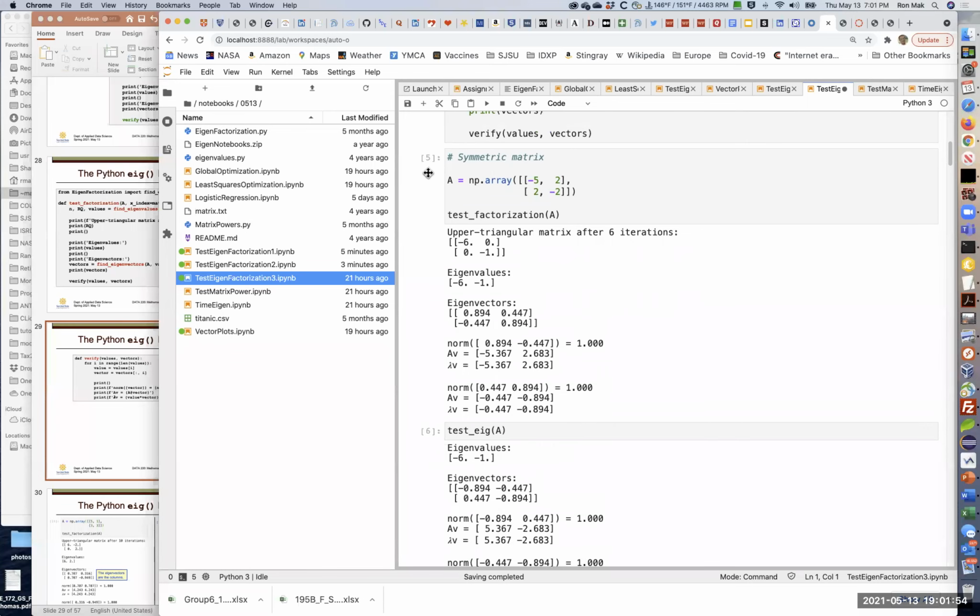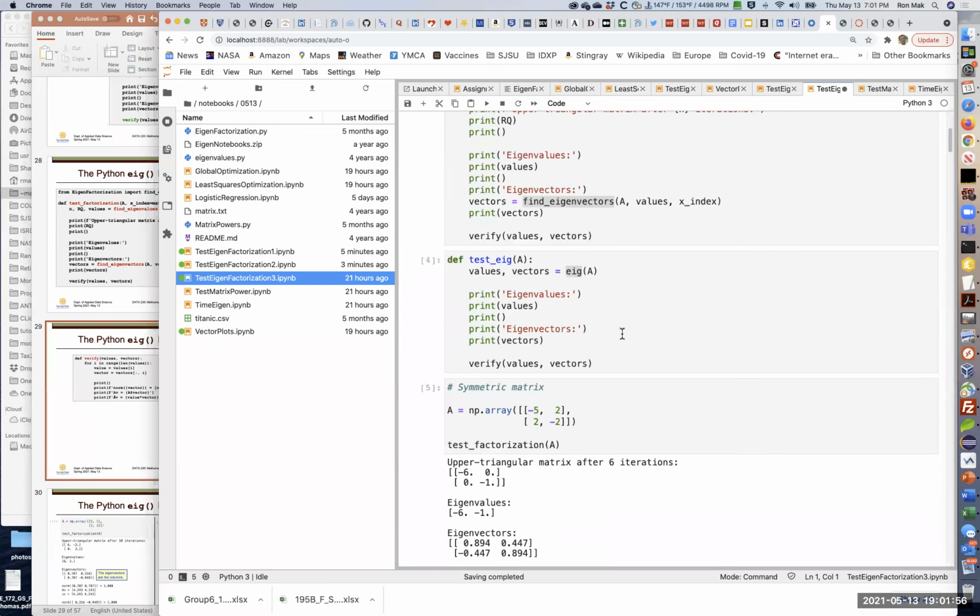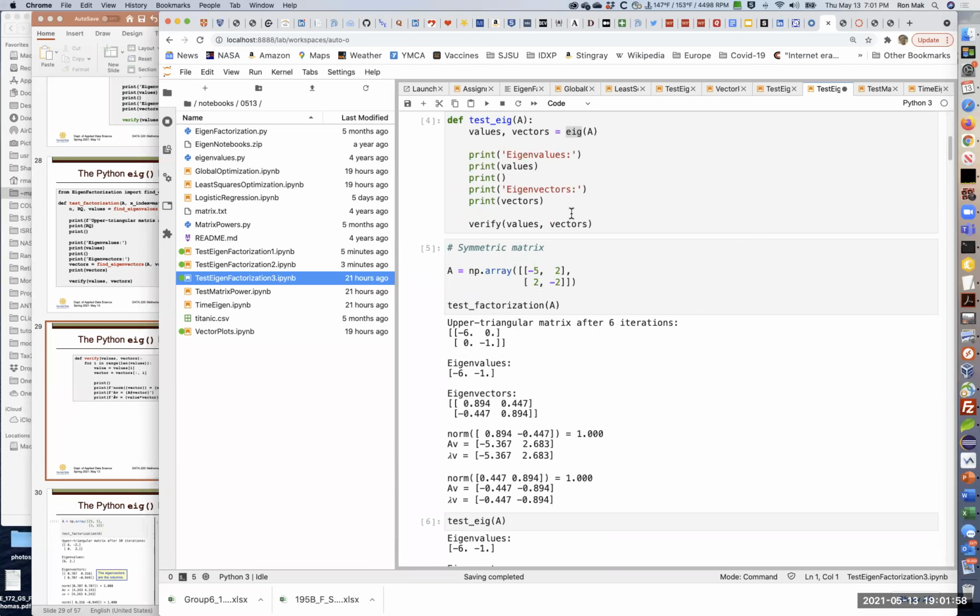For this matrix, I start out by giving you some symmetric matrices. Symmetric matrices have certain properties, but they're called symmetric because if you look on either side of the diagonal, it's a mirror of each other.